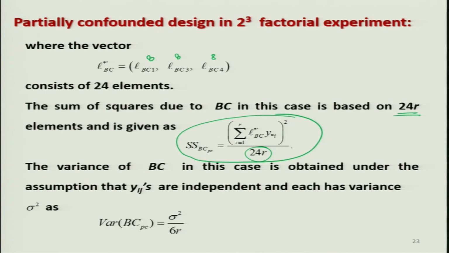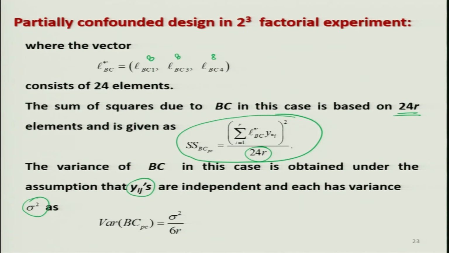And similarly you can also compute the variance of BC in this case, where BC is partially confounded. We are making the same assumption that the Yij's are independent and each Yij has a variance sigma square.